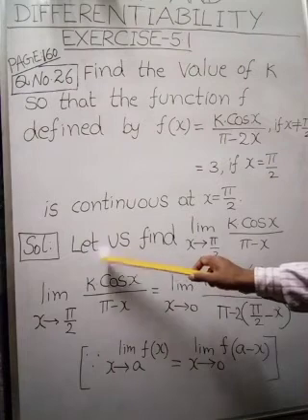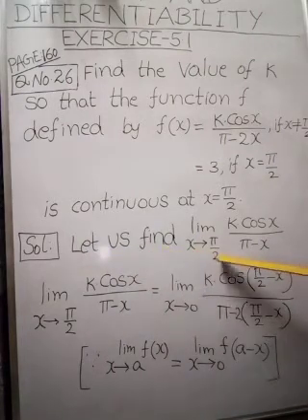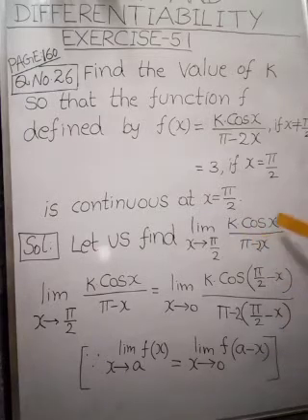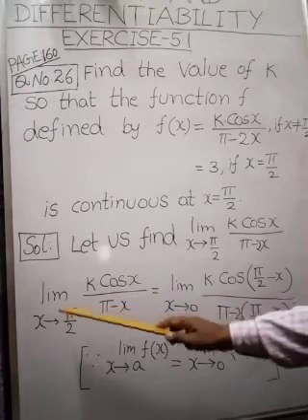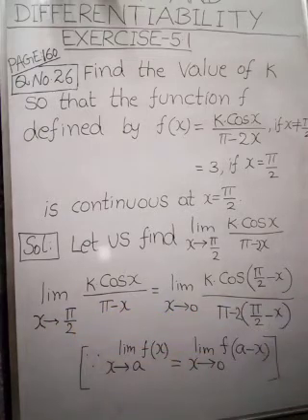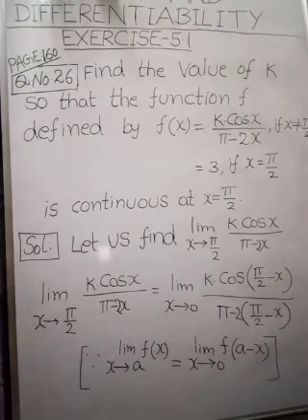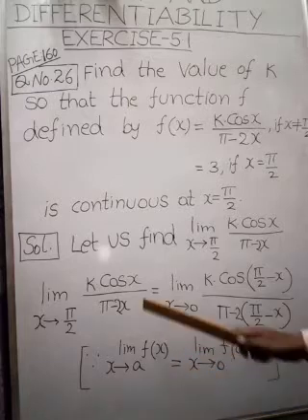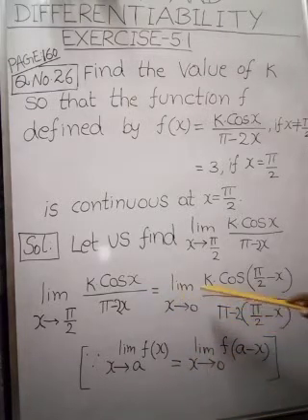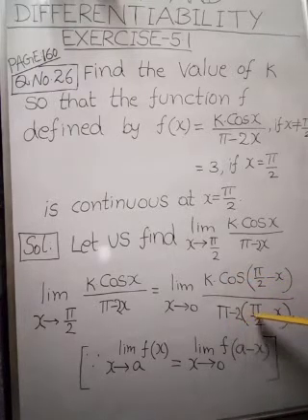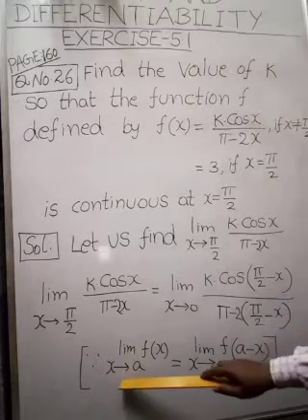Right. Now let us find the limit as x tends to pi by 2 of k cos x by (pi minus 2x). We have to find the limit of this function as x tends to pi by 2. So this is equal to the limit as x tends to 0 of k cos(pi by 2 minus x) by (pi minus 2(pi by 2 minus x)), because there is a property in limits.